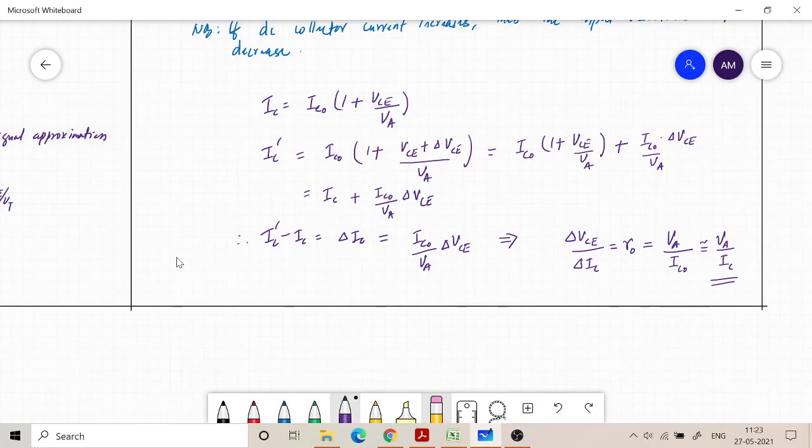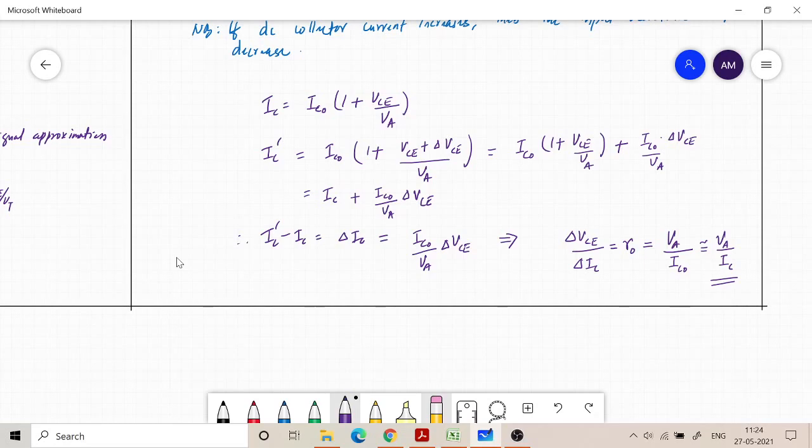IC primarily depends upon VBE, but it is a weak function of VCE, and therefore I have replaced IC0 with IC. So IC0 is the constant current without any dependence on VCE, and IC means the complete collector current, which also depends upon VCE. So this is what we got.